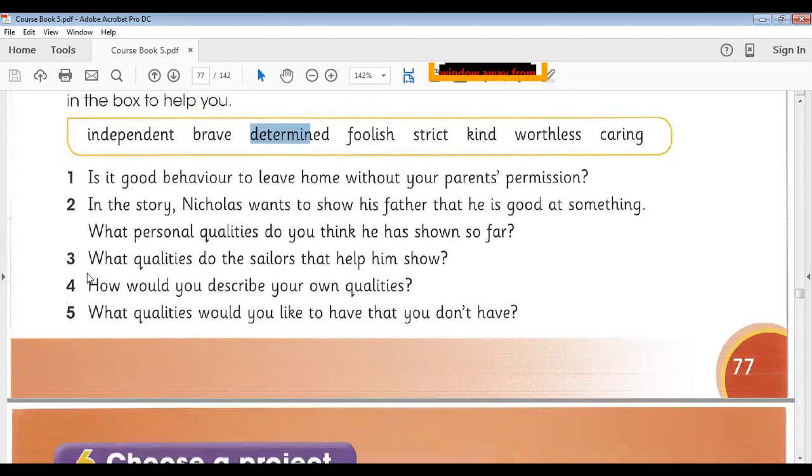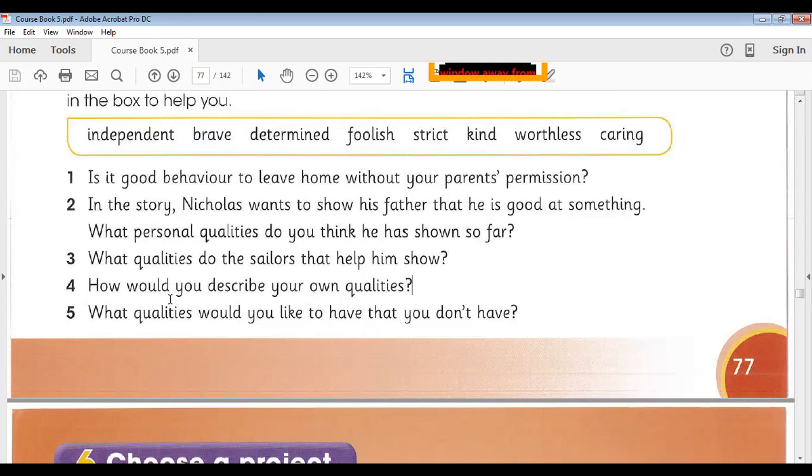Then for question three we discussed what qualities the sailors who help him show, brave and determined. These are the qualities the sailors help him to show.